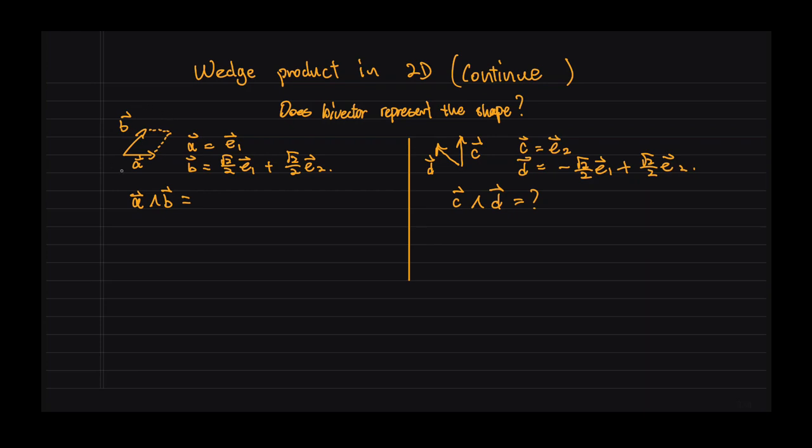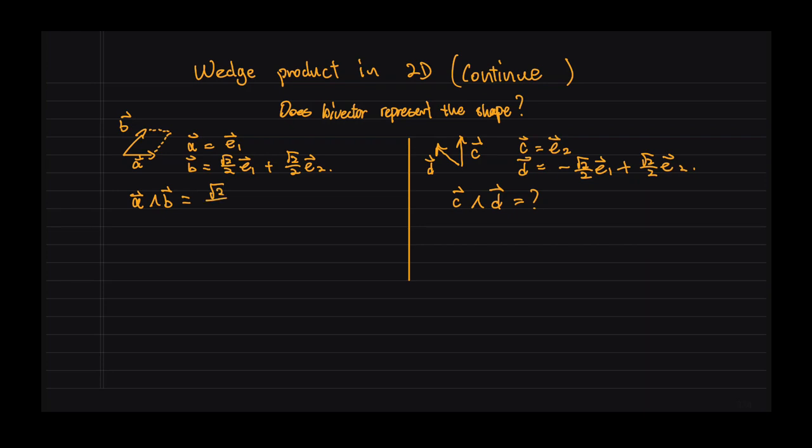In our case, we first focus on A wedge B. Let us calculate the bivector. We can see from here that A is only E1 and B has E1 and E2, so this case is quite obvious.